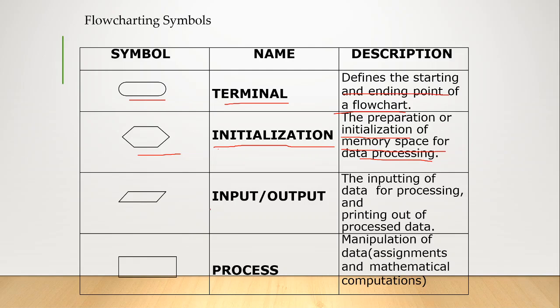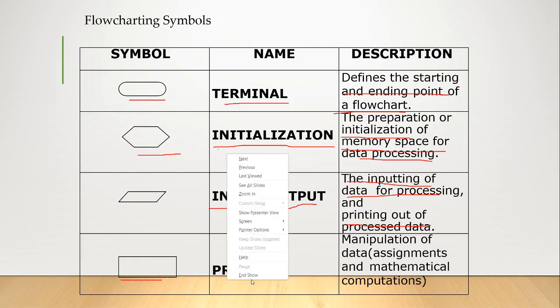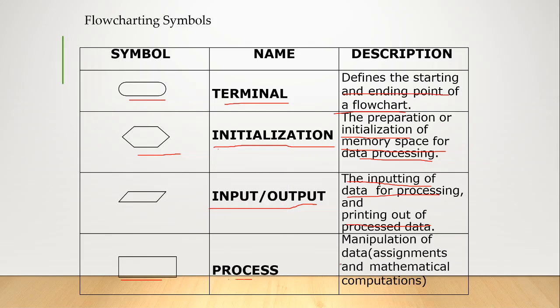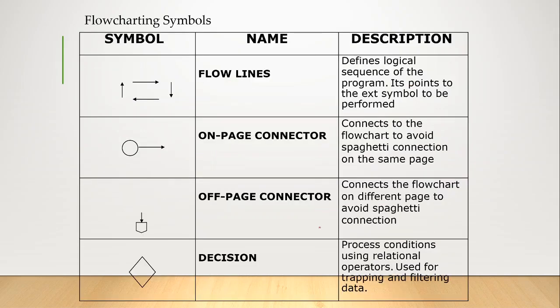This one is the input output symbol. It is used for inputting data for processing and printing out processed data. The next symbol is a rectangle, represented as the process symbol, and it is used for the manipulation of data, assignments, and mathematical computations.